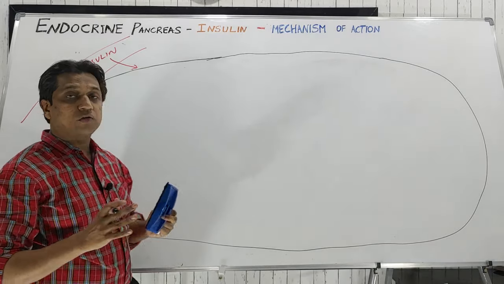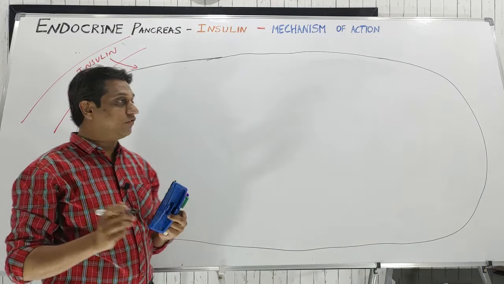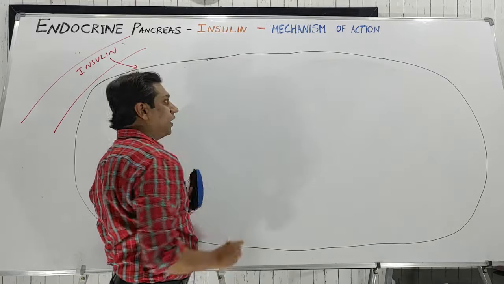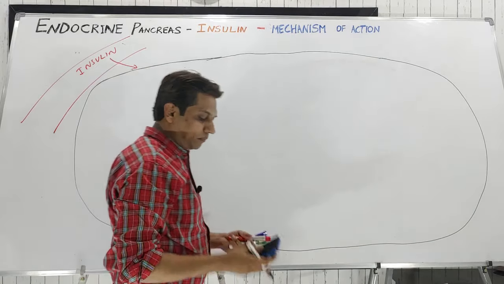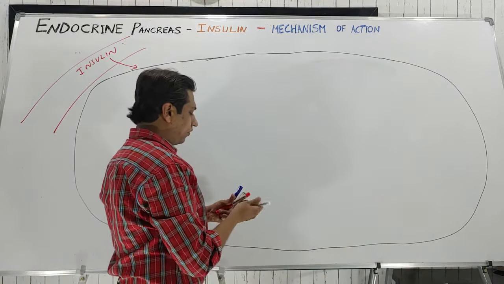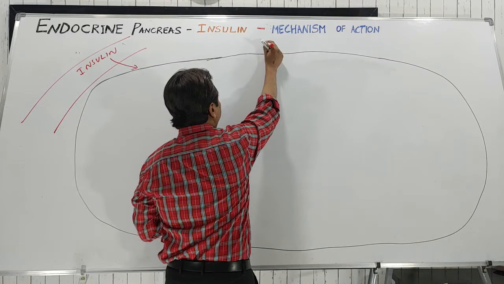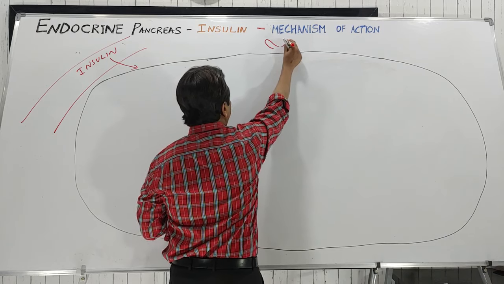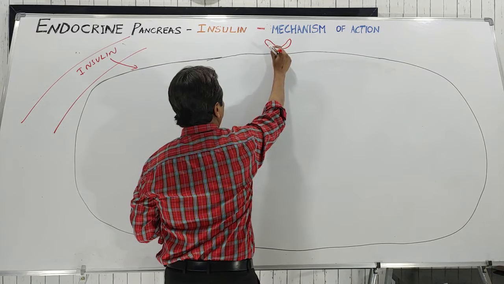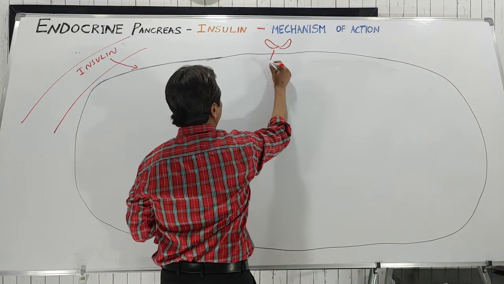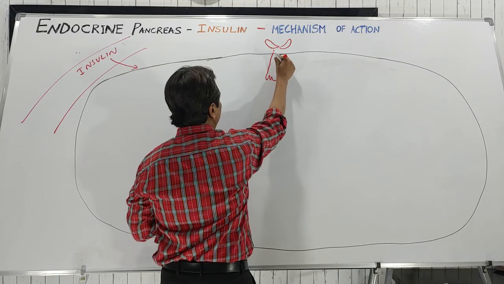It will act through the insulin receptors, which are located on the cell membrane. The insulin receptors have two alpha subunits and two beta subunits.